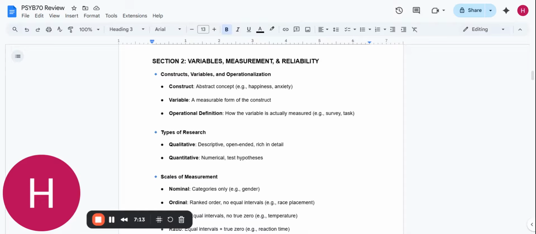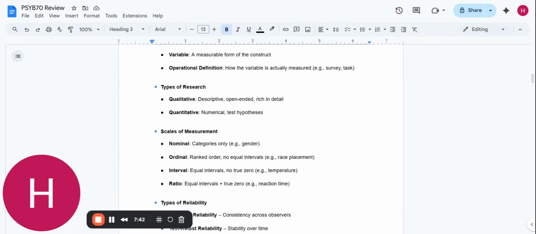A variable is a measurable form of that construct. So let's say you measure anxiety with levels of different hormones in your blood, or even with your facial expressions. So it's actually something that we can measure, and it's different from the construct. The operational definition tells us how we're going to measure that construct, maybe through a survey, maybe through a task. So how the variable itself is actually measured.